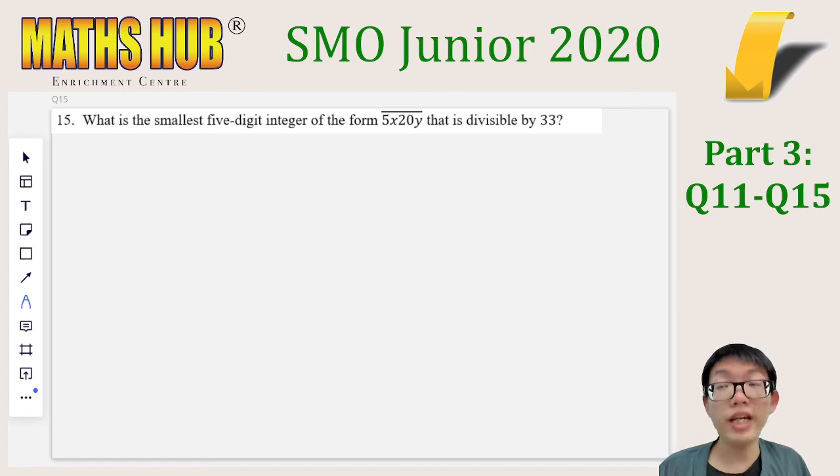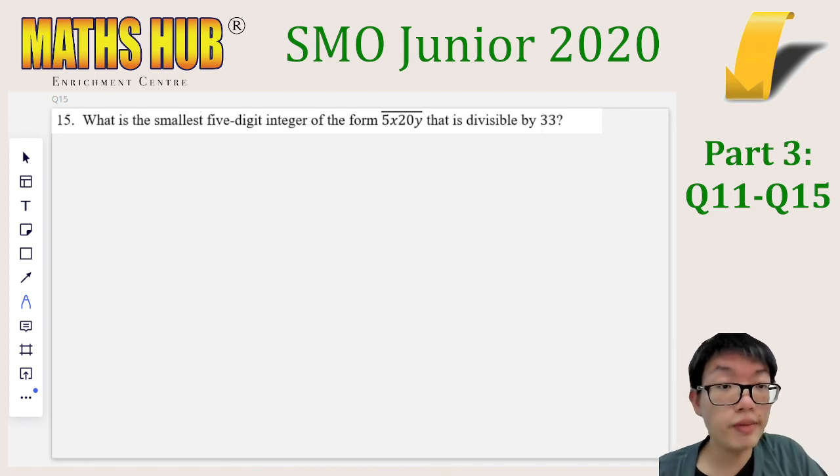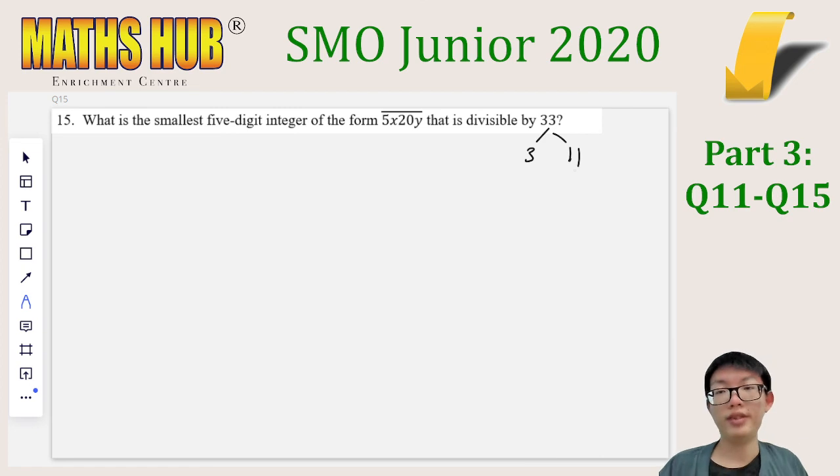We also don't have any divisibility test for 33, but we can actually split 33 into 3 and 11. By splitting it up into 3 and 11, we now can use the test for 3 and 11 separately, and collectively they should tell us the possibilities for x and y.